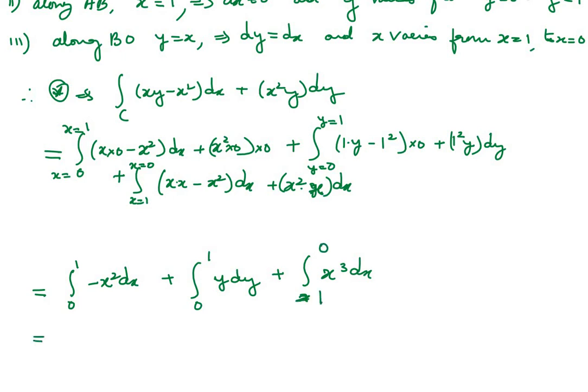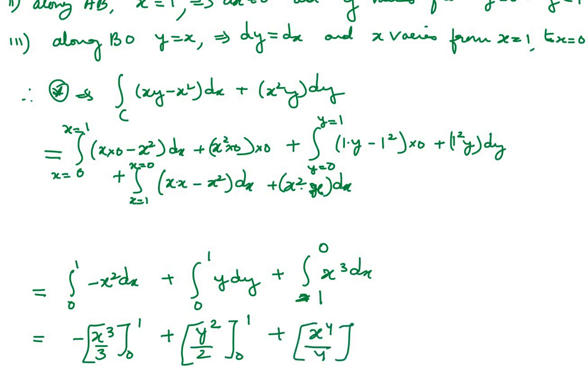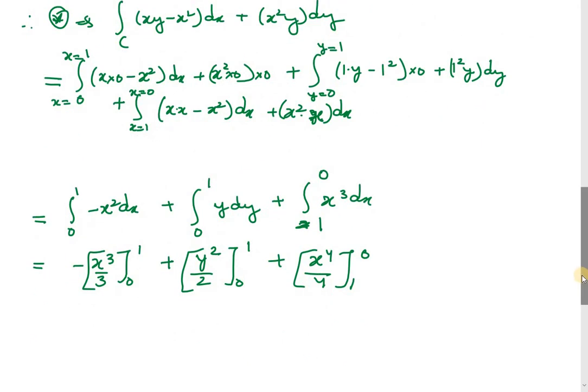So let us integrate, it will become minus x cubed by 3 from 0 to 1 plus y squared by 2 from 0 to 1 plus x to the power 4 by 4 from 1 to 0. So this one gives you what? It will be equal to, minus can keep it outside, it will be 1 cube.